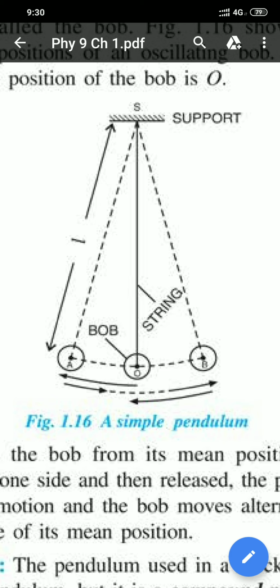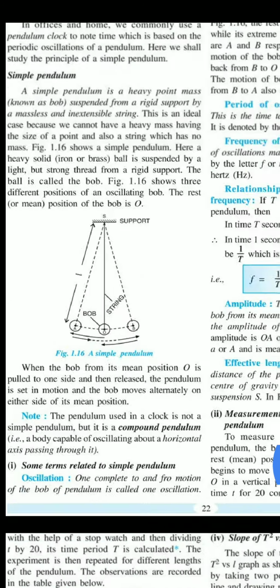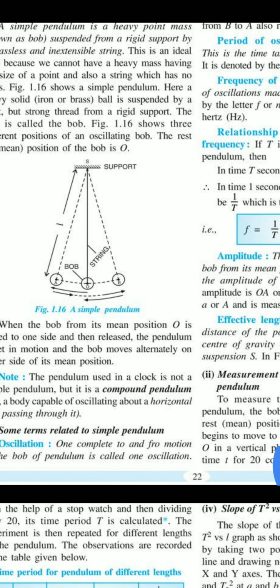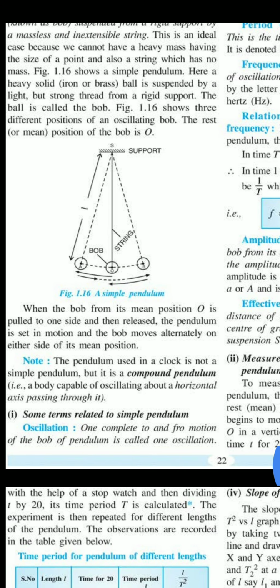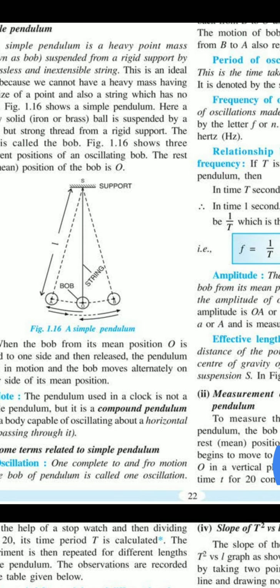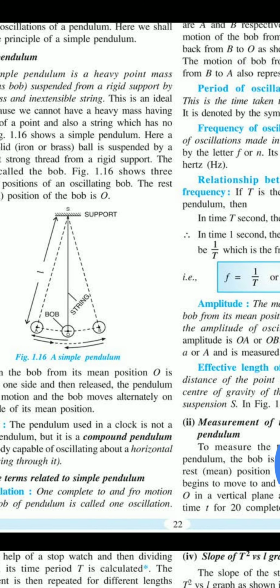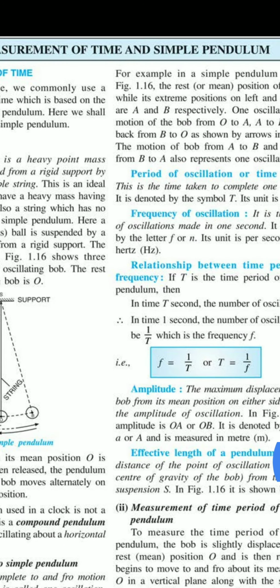But the movement of this bob from O to A, then A to B, then B to O, this complete thing is called one oscillation, okay. So one complete to and fro motion of the bob of the pendulum is called one oscillation. One complete to and fro motion means O to A to B, B to O.